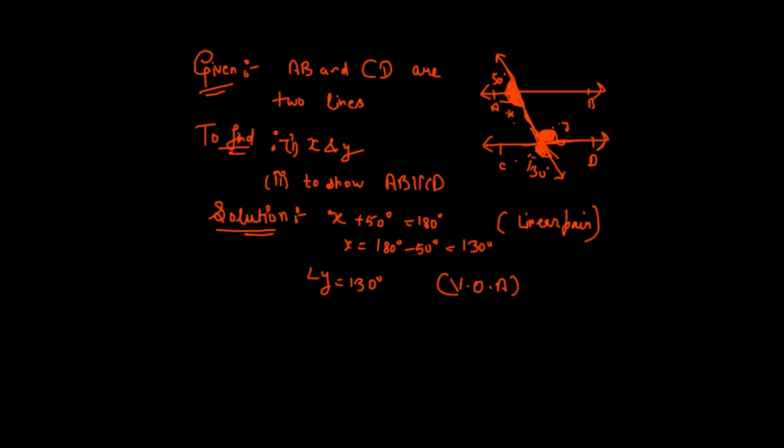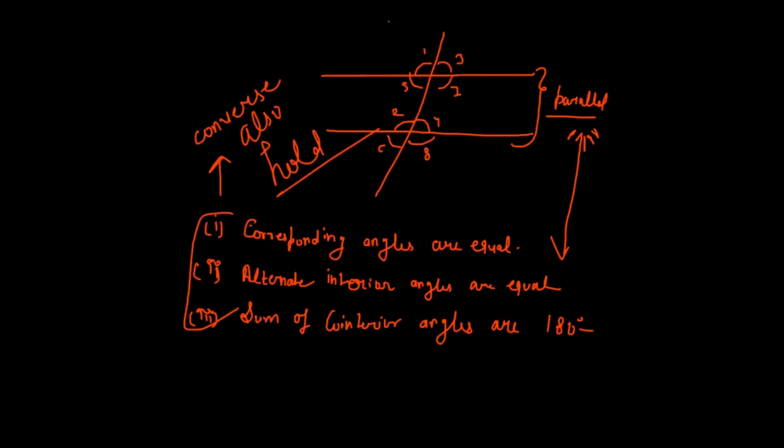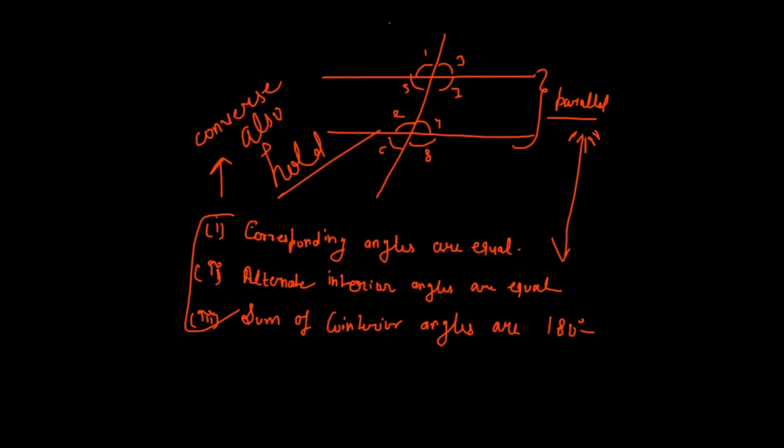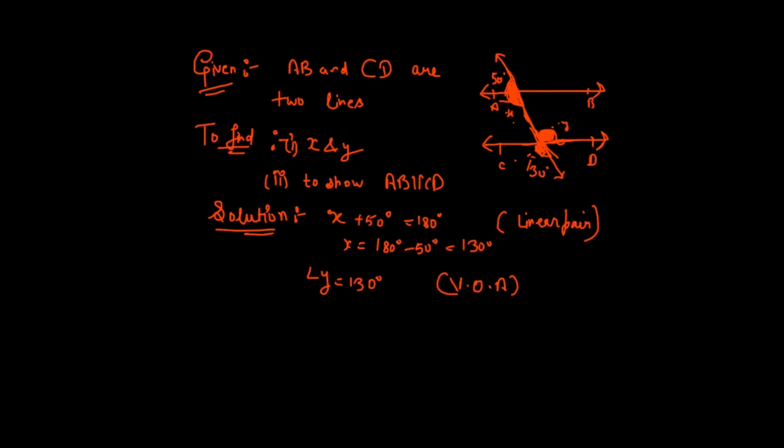Now if you just look at the table, I have written that you have to show that these criteria are reversible. It means if you are able to show that one single pair of corresponding angles are equal, then it is proved that the lines are parallel. So we are going to use this criteria in our question.